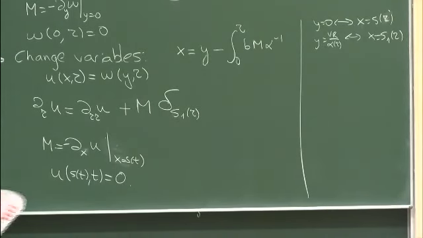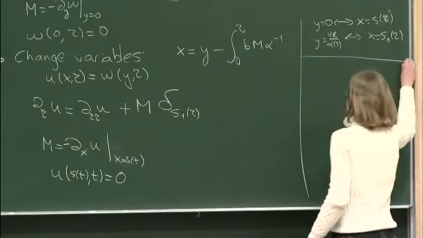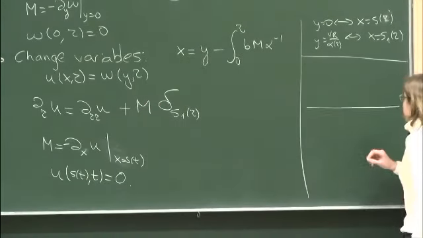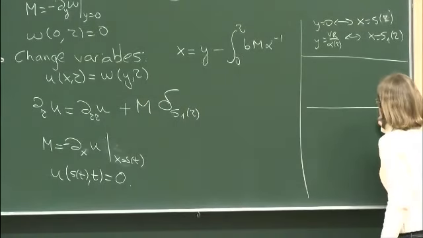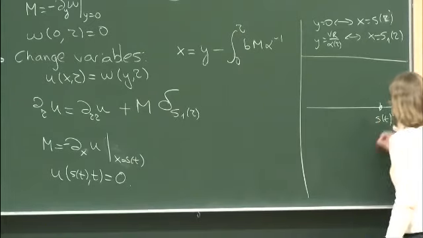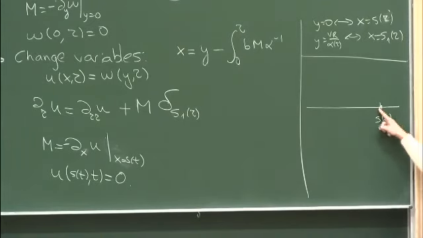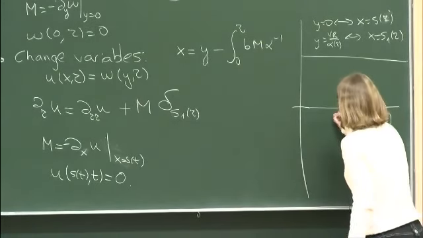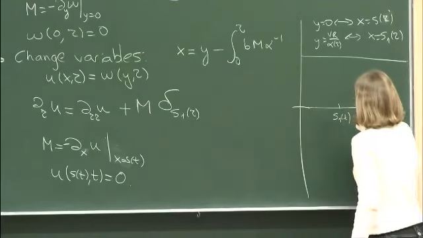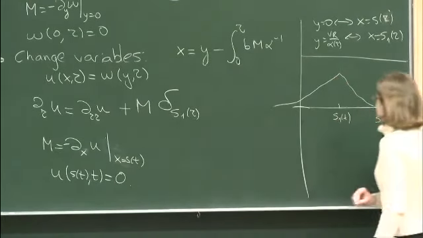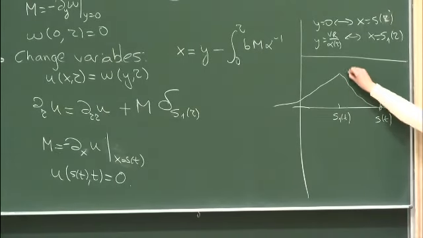Okay, let me give you a little drawing. Now your function vanishes at a point s of t that moves with time, and at the point s1, the corresponding place where you have the delta. So this is your new u.